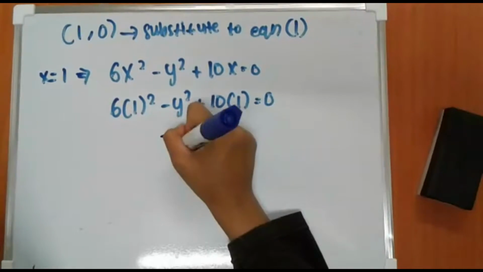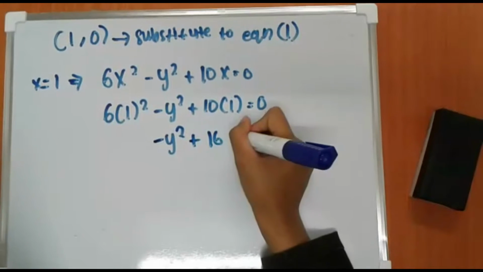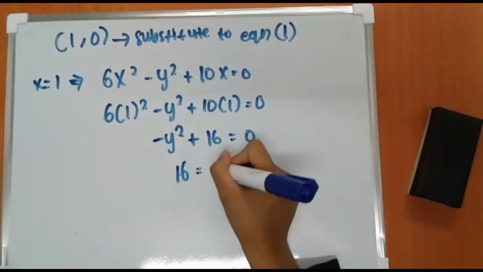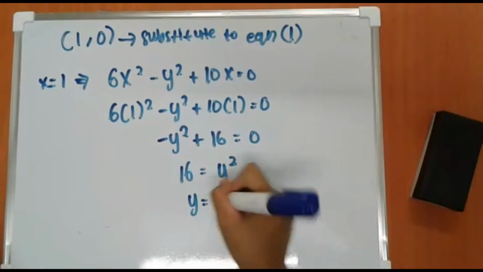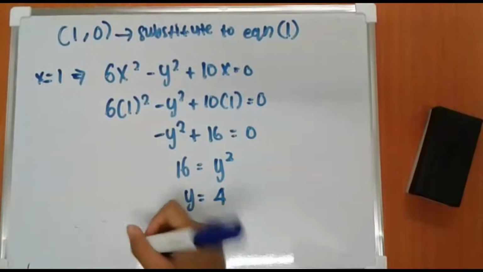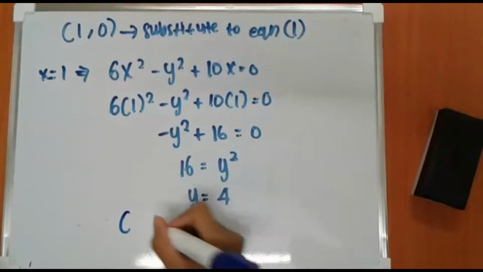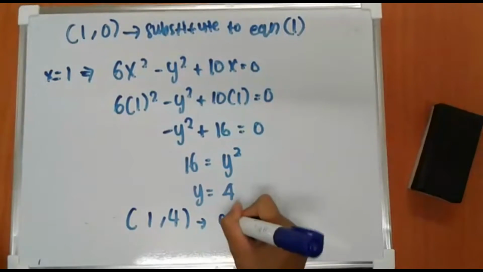So we will get -y^2 + 16 = 0. 16 = y^2 and y = 4. So this is our first critical point, and it will become (1, 4).